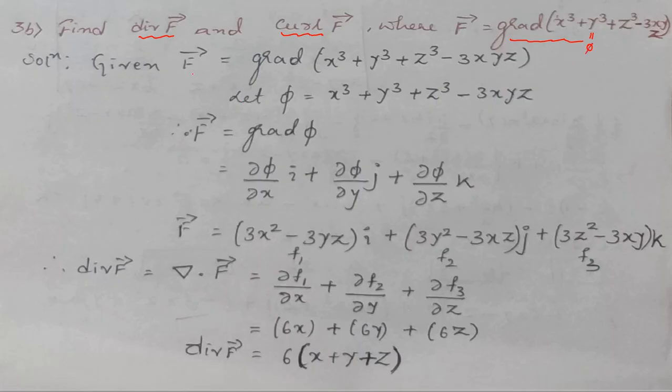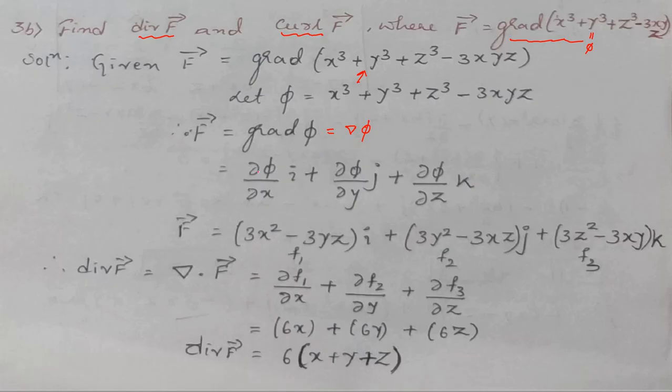Let the given vector be f. Then I have defined phi here as x cube plus y cube plus z cube minus 3xyz. So considering this phi, I will find grad phi.